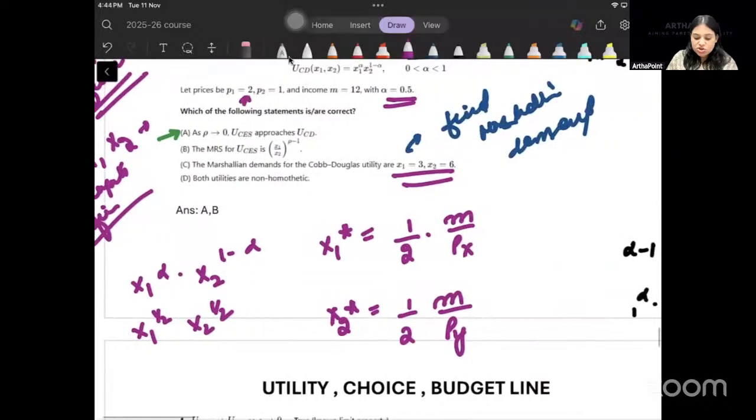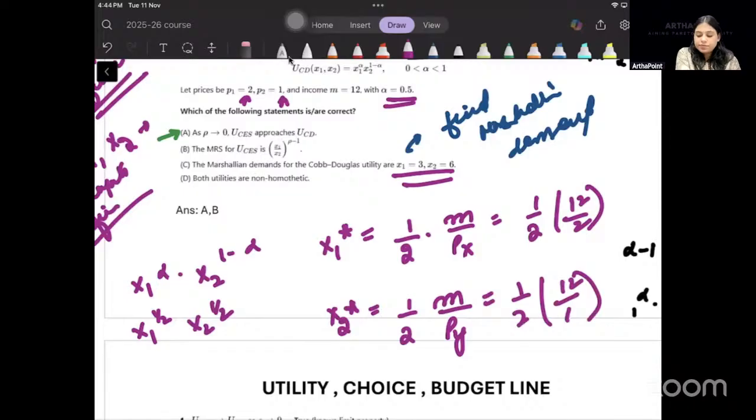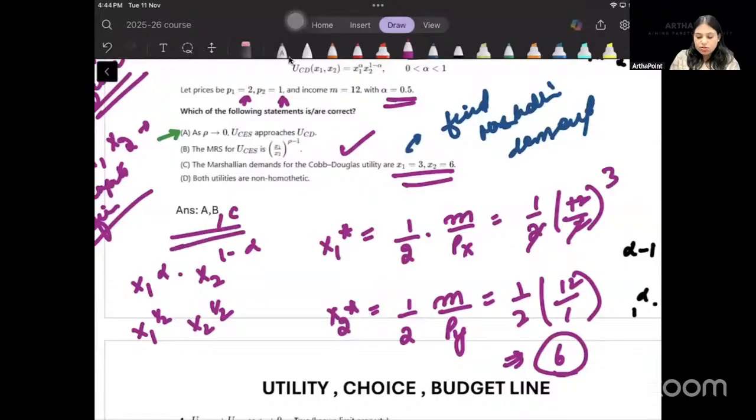Now px is 2 and py is 1. So half 12 by 2, half 12 by 1. That's it. This is your answer. So this is also correct. Statement C is also correct.